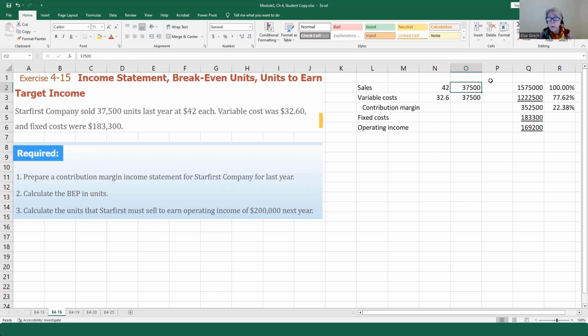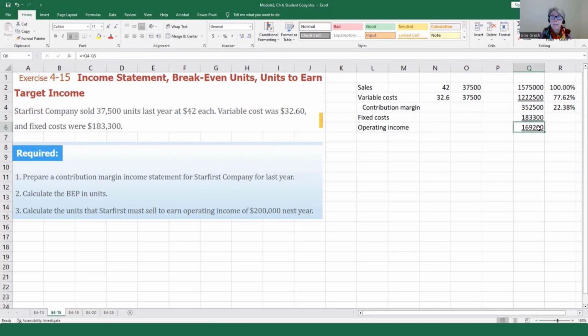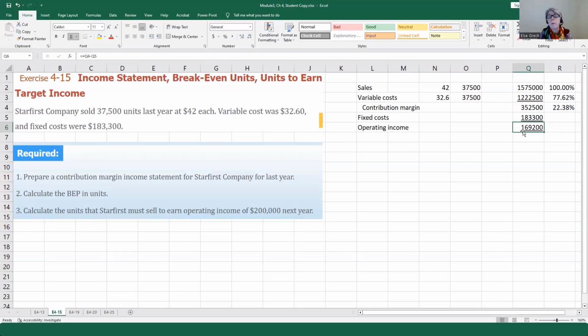Will it be higher than 37,500, equal to 37,500, or lower than 37,500? I think it's going to be lower because remember that break even is when the operating income is equal to what? 0. Exactly. So this is positive, which shows that we're selling more than we needed to sell.